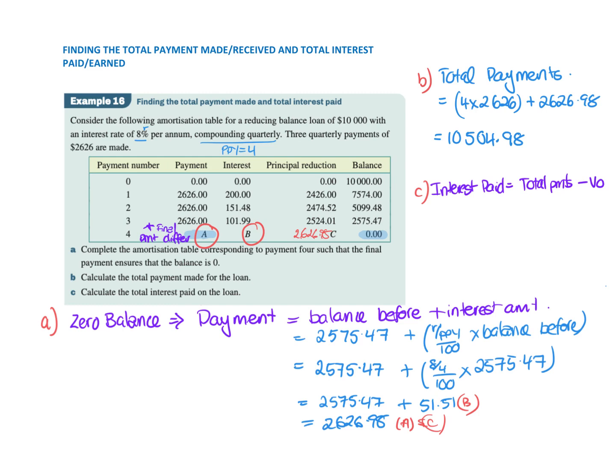So in this example, the total payments were 10,504.98 minus originally was 10,000, so 504.98. So for them to borrow that 10,000 for the year, it cost them $504.98.